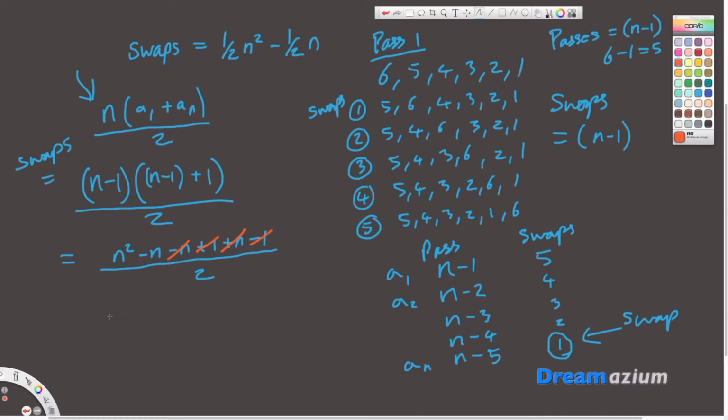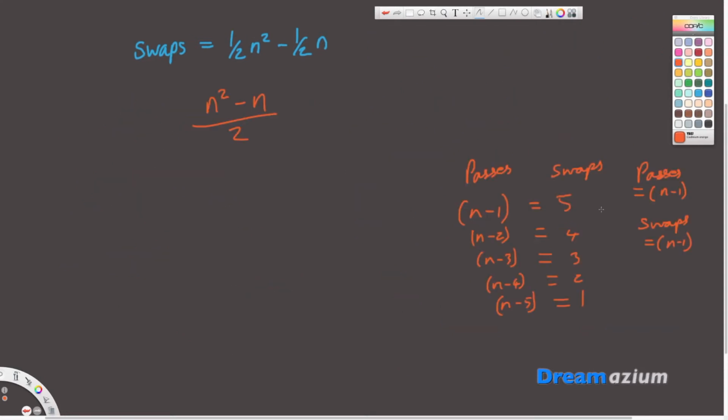And what we're left with is n squared minus n divided by 2. Now that can be rewritten as a half n squared minus a half n, and this is the answer.